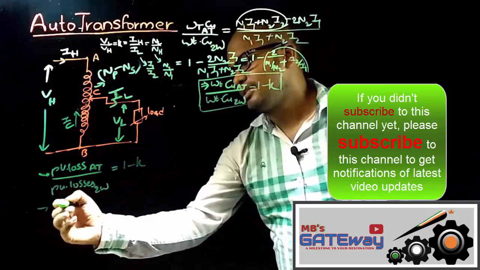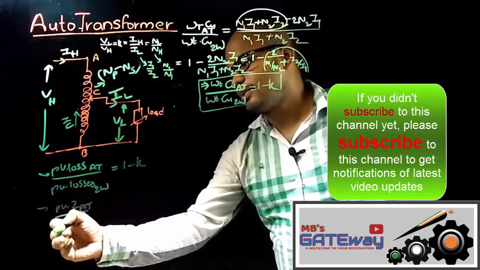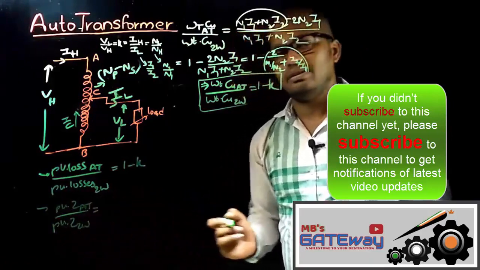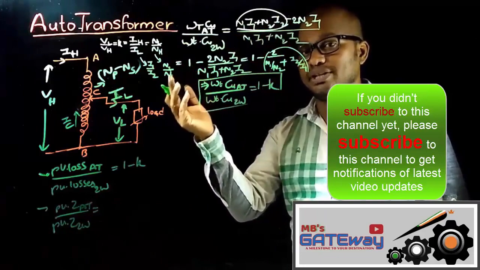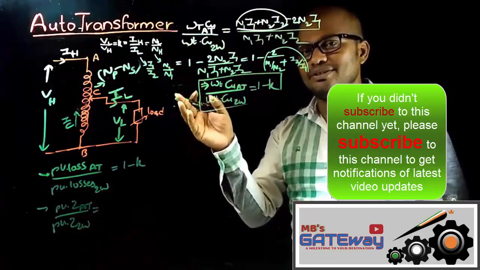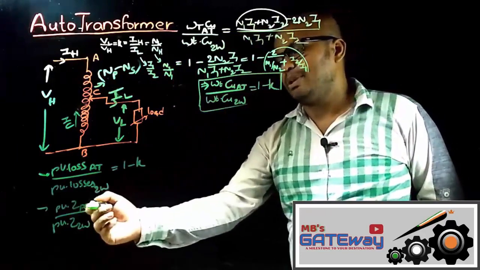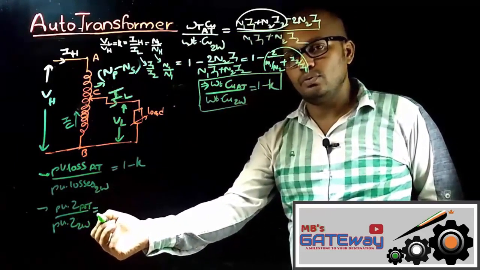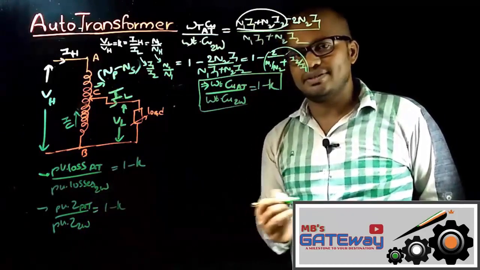And similarly, per unit impedance of autotransformer to the per unit impedance of two winding transformer. As the copper winding used in autotransformer is less, the impedance is less. Therefore, per unit impedance of autotransformer is less than per unit impedance of two winding transformer. So you can equate this relation with 1 minus K.